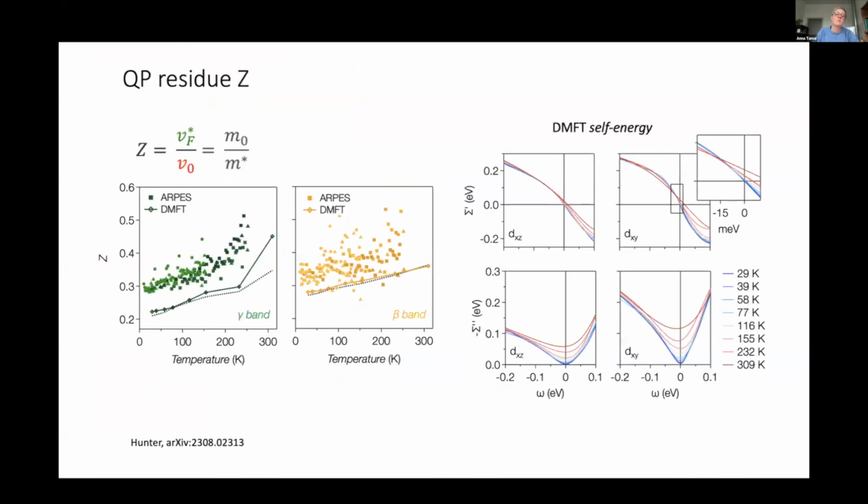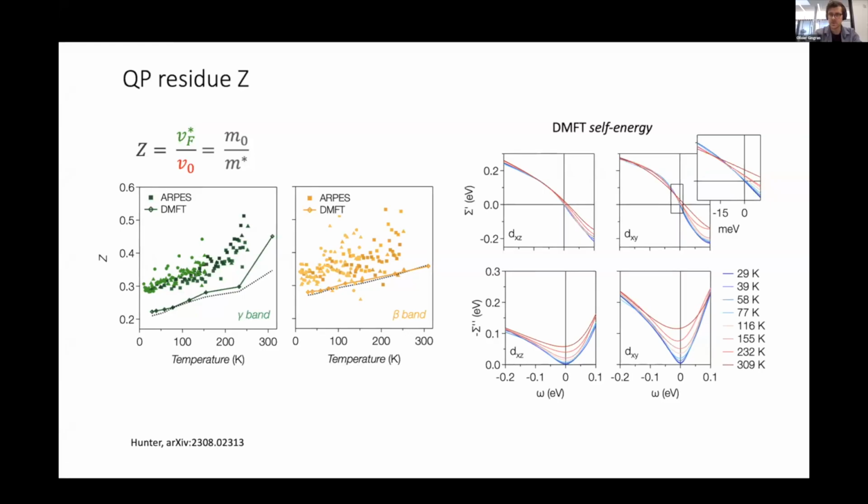I would say we see the same trend. I mean, this is maybe illustrated here. I don't think we see the same temperature evolution. Whether the agreement gets better at high temperature, I can't say. I don't know.